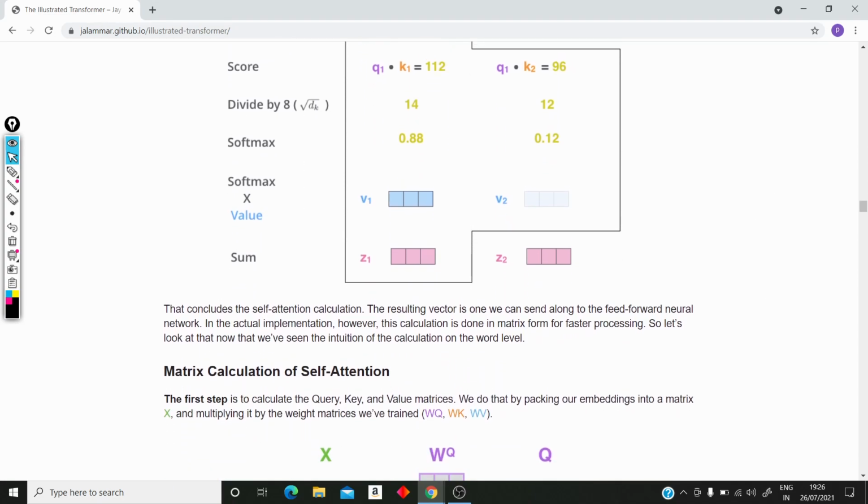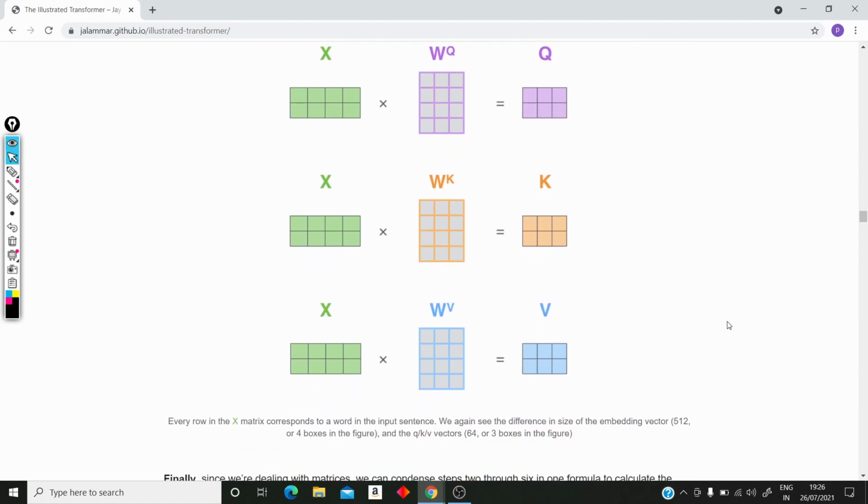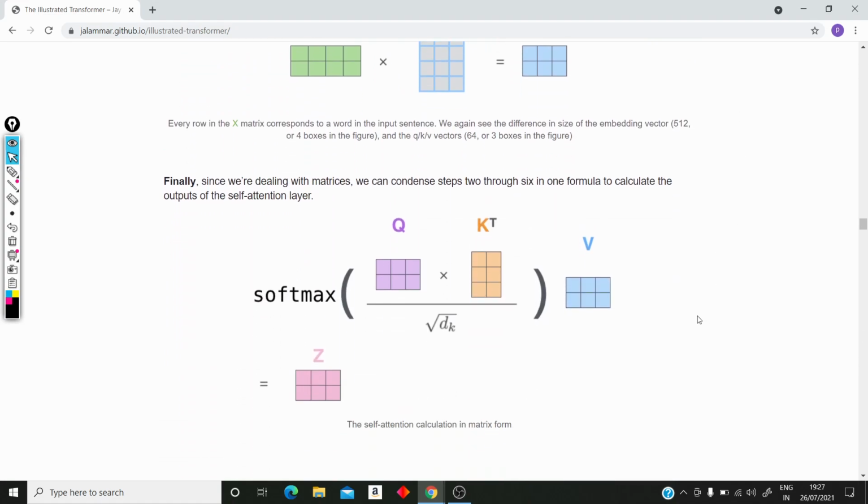Now let me go to the paper, and this is the summary of what I just discussed. We are multiplying the query with K transpose, then dividing by the dimension of the key vector, then taking the softmax, and then multiplying with V. Whatever we get is our z.